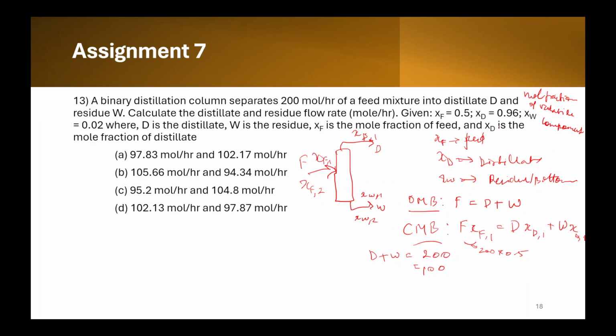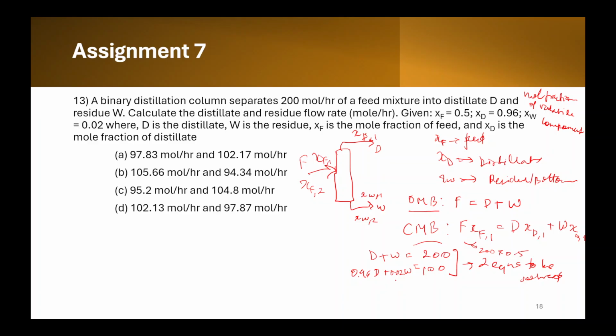XD1 is given as 0.96, and XW1 is given as 0.02 W. So these are the two equations to be solved. There are two unknowns, D and W, and two equations. So we can solve this.